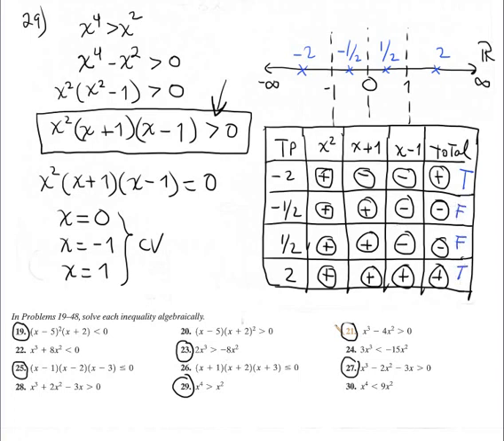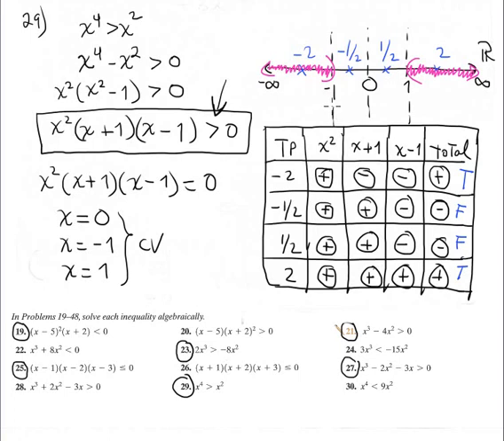Then the solution is this part with negative 2, and this part with positive 2. Of course, it's a strict inequality, because at the endpoints, negative 1 and 1, no, they're not part of the solution.